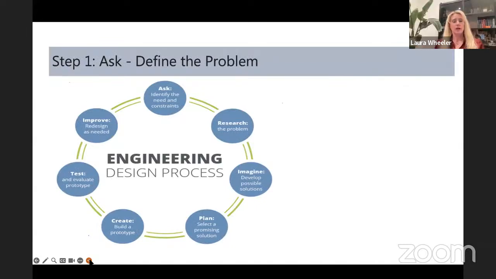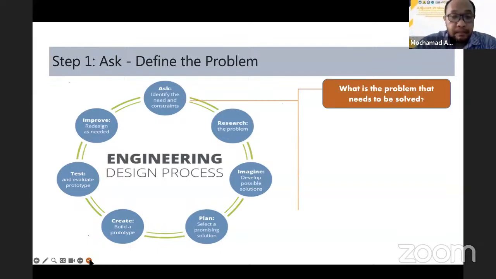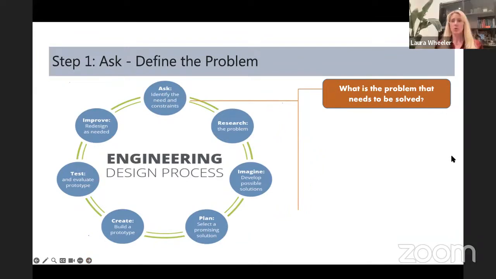So now that we have talked about asking questions and also being able to look at the spur gears and think critically about them, we say, what is the problem that needs to be solved?